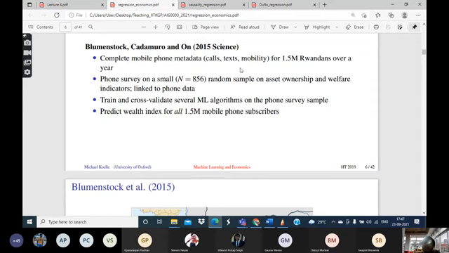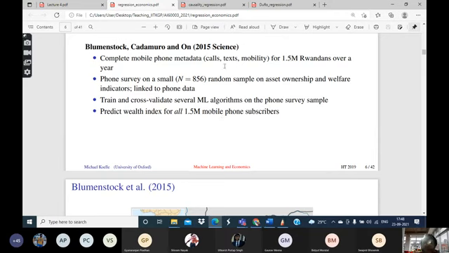For example, how many calls they have made in the past 30 days, or in the past 1 year, how many contacts they have, what is the duration of each call, who are the other people they called, how many text messages they send and receive, and what about the mobility of the phone, does it stay in the same place or does it roam around? So many possible metadata are there.